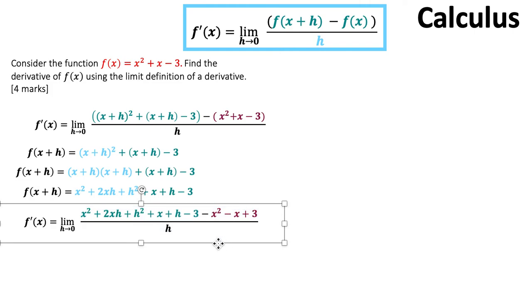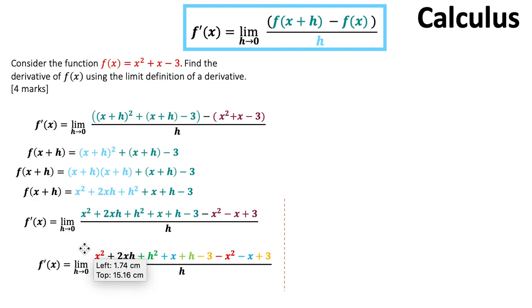Okay, so far we got this. Now you might notice that we have some terms that are the same. So you can see here there's an x, here there's also an x. So we can simplify all these, but you can see that they have different signs, so they could just cancel. So I'm just going to bring it here.